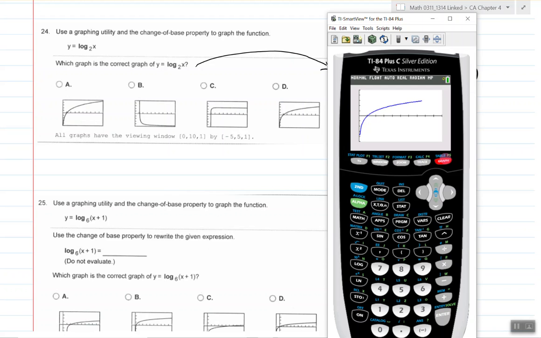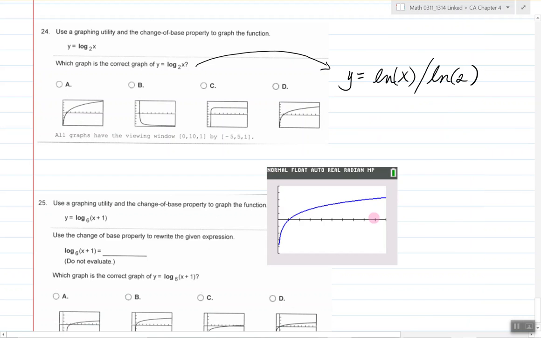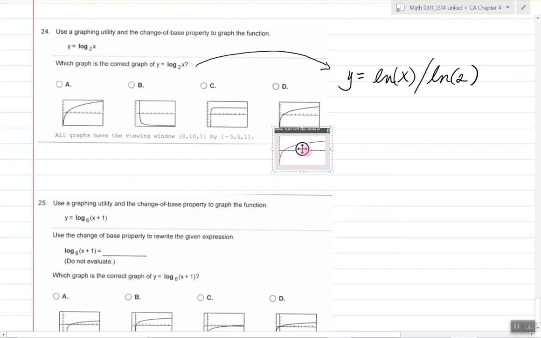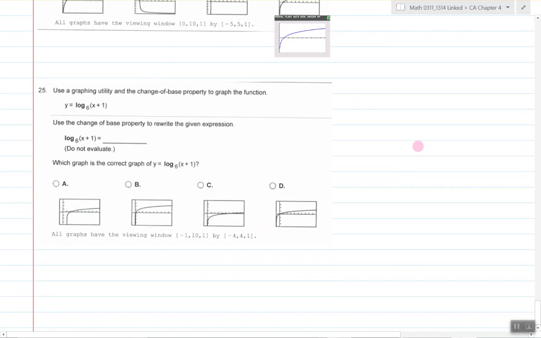It is important that you have the same window. By seeing that it's the same window, if I grab this and perhaps shrink it just a little bit and then put it right here, you can see that those are the same, and so my choice is D. All right, number 25.